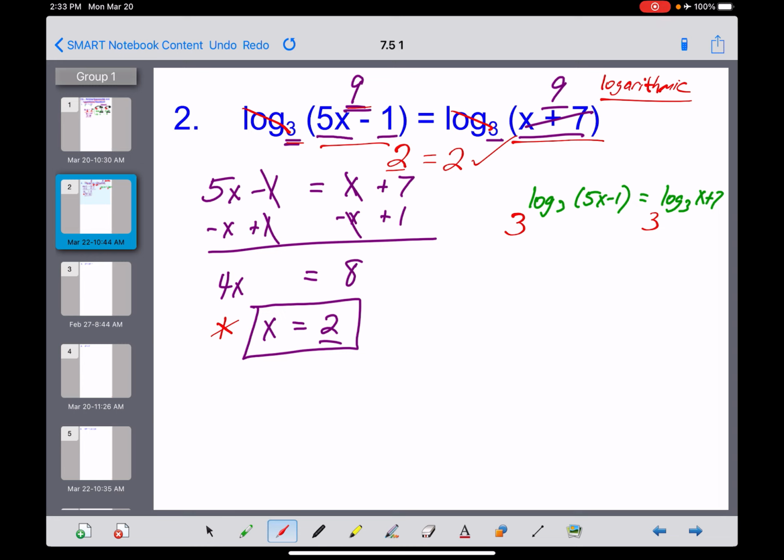Again, I don't want to spend all day on this, but the 3 and the log base 3 cancel each other out, and that leaves you then with the 5x minus 1 equals the x plus 7, which is right back to where we were. Most people are pretty comfortable shortcutting this problem, though, too. If you've got the same logarithm base on both sides, you can just ignore those logs and just say product on the left equals product on the right.